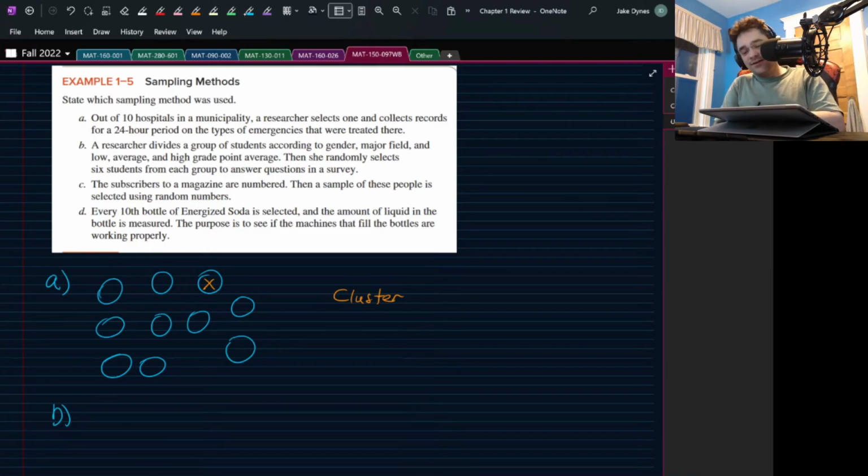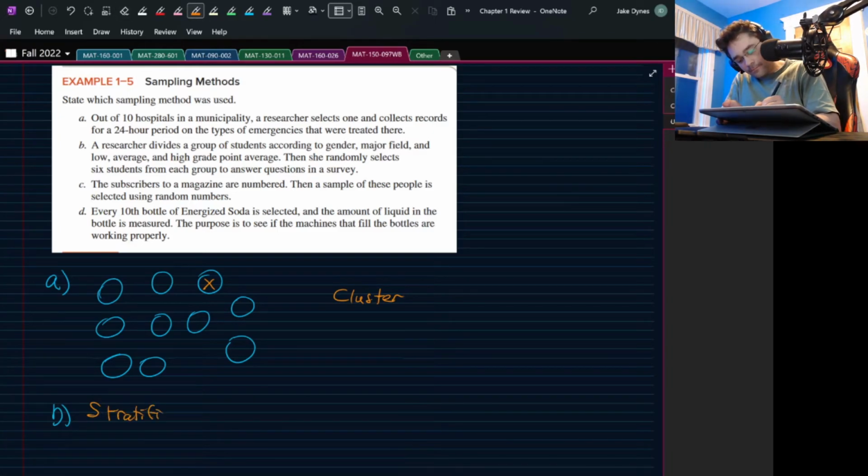But yeah, I think it's a bad question. I've seen this one before. And stratified, they're supposed to be non-overlapping, whereas some of these would be overlapping, right? Gender and major field, obviously, there's going to be overlapping. So, but this one is stratified. A bit of a boo-boo there by the book.